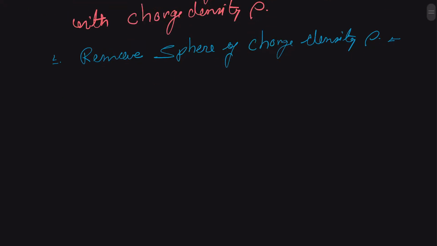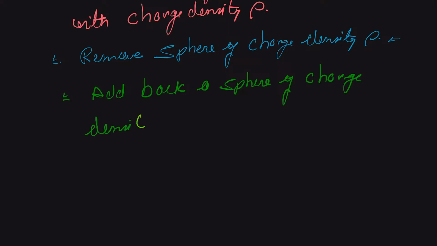But in this case we have a third step also, in which we add back a sphere with charge density, and that charge density is given to us as minus rho by 2.